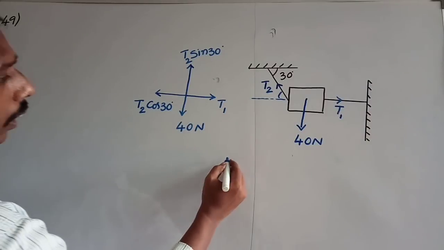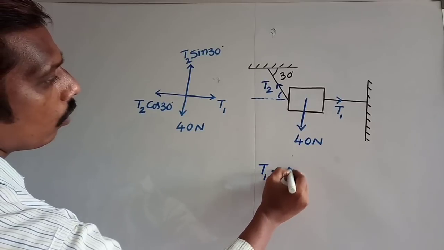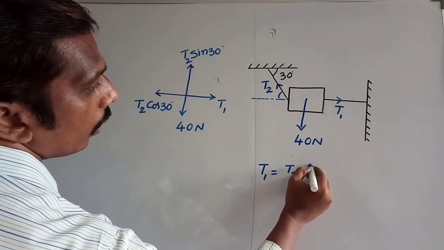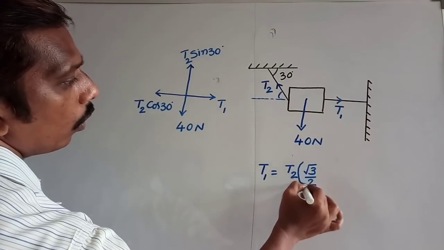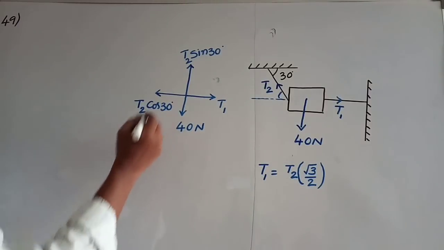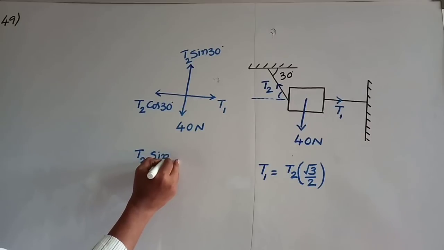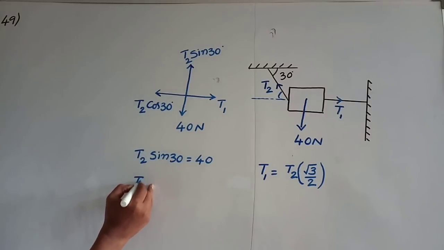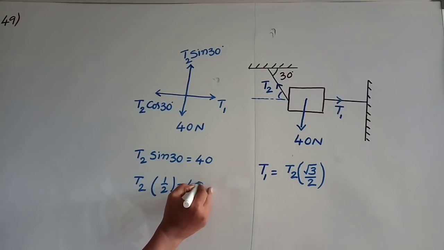So from this we can write tension T1 is equal to T2 into cos 30. Cos 30 degrees value is root 3 by 2. So T1 is equal to T2 into root 3 by 2. In this we can write T2 sin 30 is equal to 40. From this, T2 into sin 30 degrees value 1 by 2 is equal to 40.